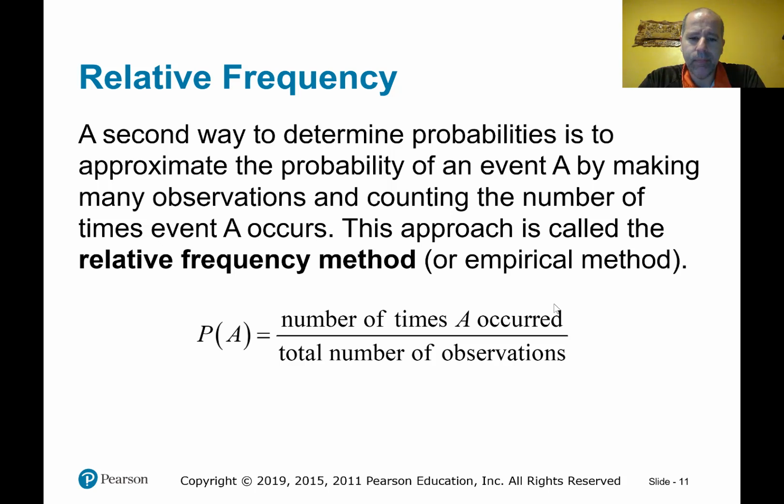And so in this definition, what we use is the number of outcomes in a trial, like an experiment. So we collect data on something, and then we count the number of outcomes in the data set that result in the event that we're interested in, and we divide that by the total number of outcomes in the experiment that we did, how many trials we did.